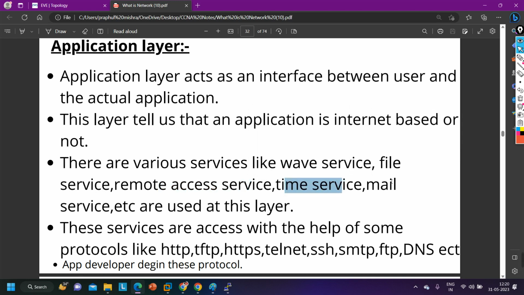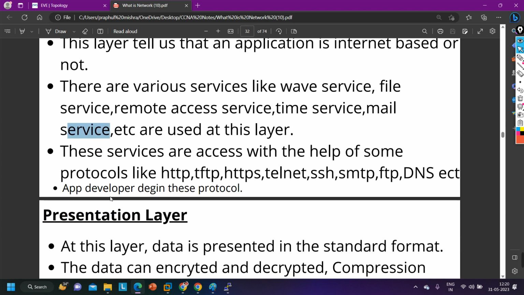After that, time service, mail service, etc. These are the key functions of this layer. Accessing a web page is a feature of the application layer. Time server means your device can synchronize its time with a time server, and that is also a function of the application layer. Mail server, when you are sending mail, is also a function of the application layer.